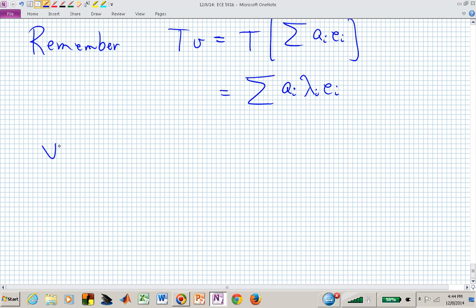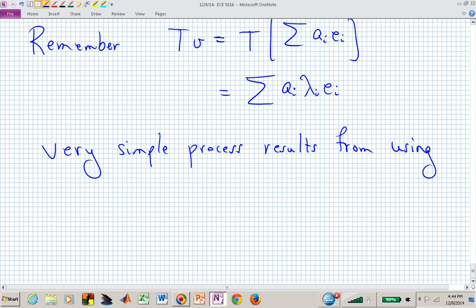And that allows us to have a very simple process that results by decomposing any vector in terms of these eigenvectors. A very simple process results from using eigenvectors as our basis.